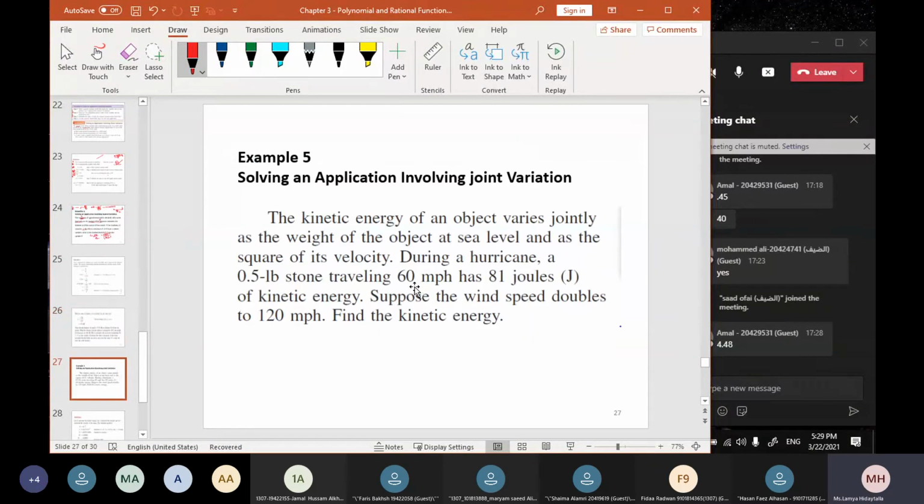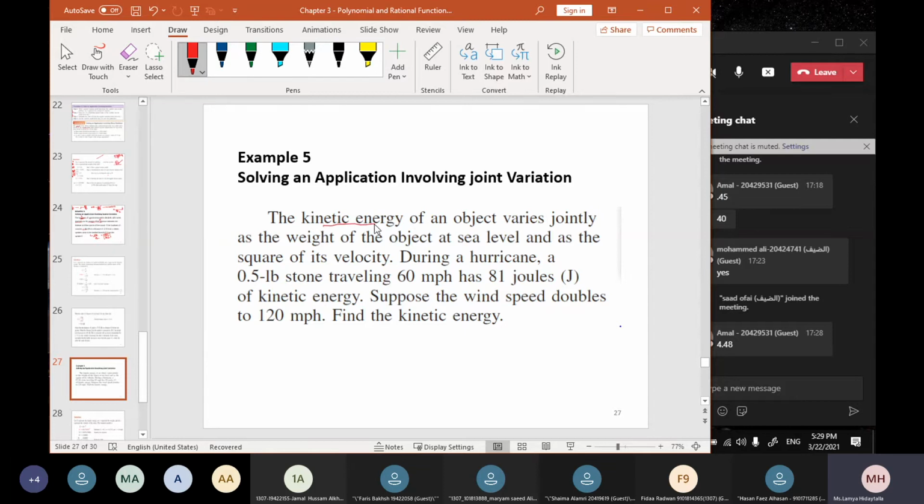Here is another example. The kinetic energy of an object varies jointly as the weight of the object at the sea level and the square of its distance. I have one kinetic energy.